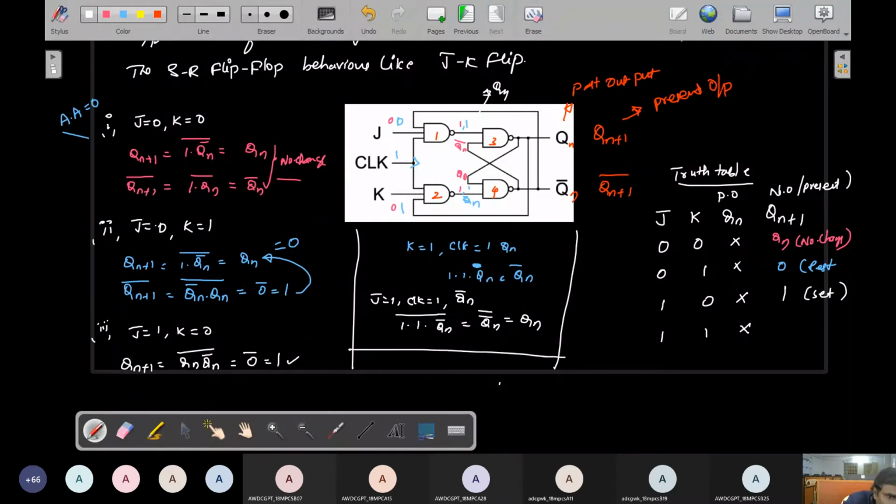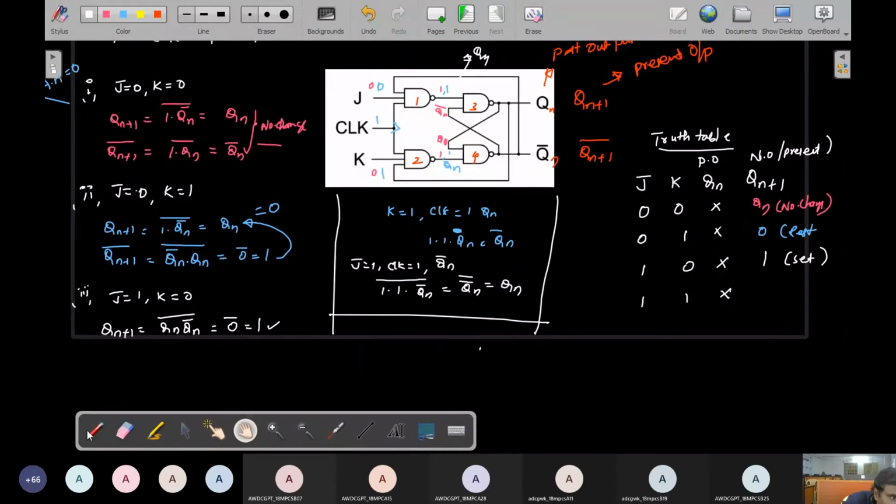Right now the fourth case, I'll write here, when j is equal to 1, k is equal to 1. So this case is very important. Why? Because if j is equal to 1, k is equal to 1, this output is Qn bar and this output is Qn, because all are high.